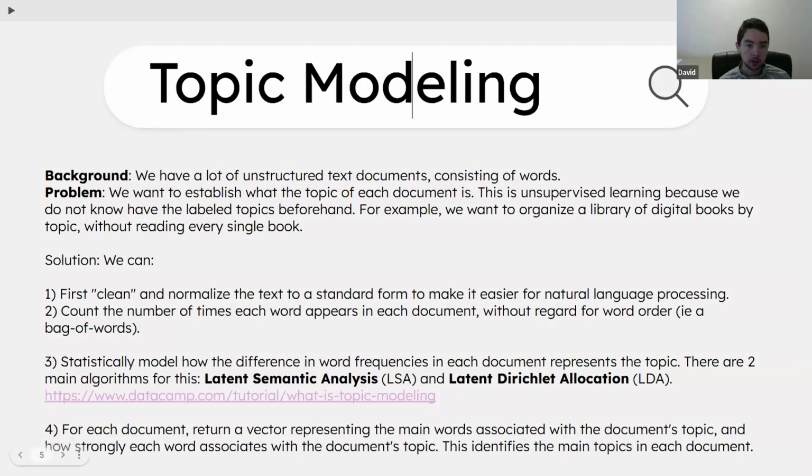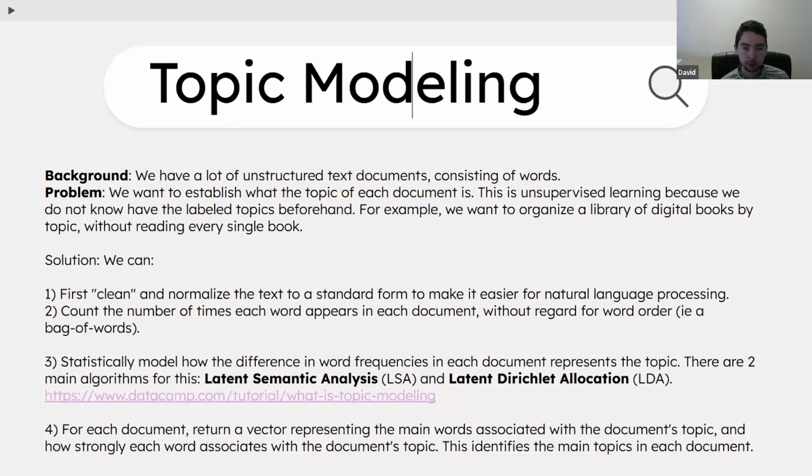So the solution to our problem from before is to first clean and normalize the data to a standard form, because there's a lot of features of regular text that can mess up our algorithms. And so we want to simplify the text as much as possible so that our algorithms can run more simply and more easily.